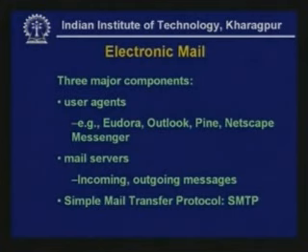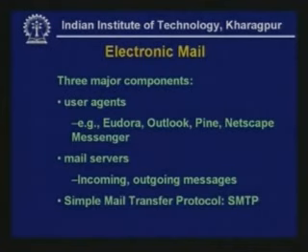Now, an electronic mail system has three major components. One is the user agents. Here are some examples of user agents like Eudora, Outlook, Pine, Netscape Messenger. All kinds of mail user agents are there, which provide the user with a graphical interface, and make it simpler even for lay people to use this mail system.